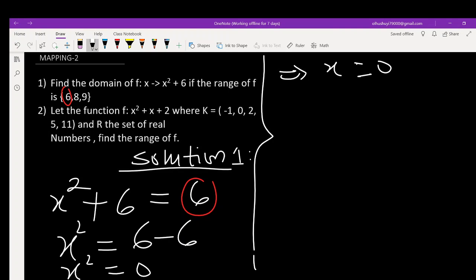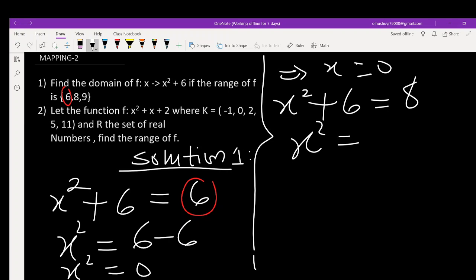That's the first scenario. Go again, have x squared plus 6 equal to the second one, 8. So x squared is equal to 2, isn't it? Then we take the square root of 2, so x is equal to plus or minus the square root of 2.